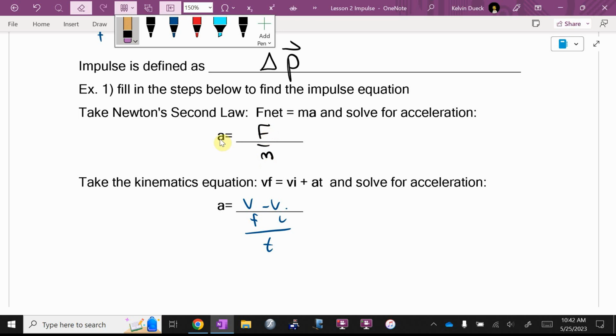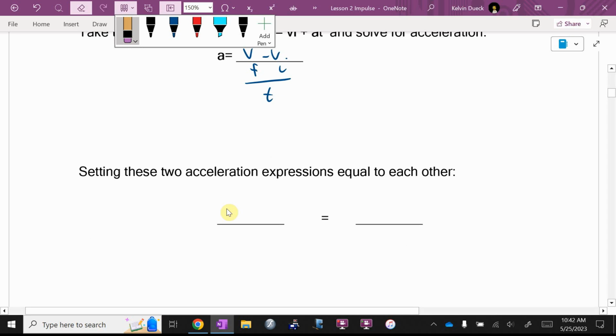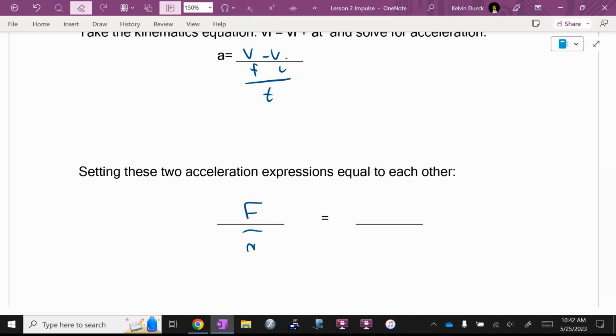Everybody say yes. Does Vf minus Vi over t equal a? Everybody say yes. Well, then they equal each other if they both equal a. In other words, we can now say F over m is Vf minus Vi over t. Acceleration equals acceleration.